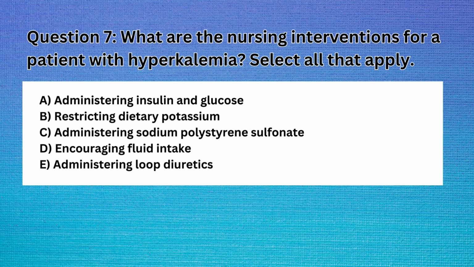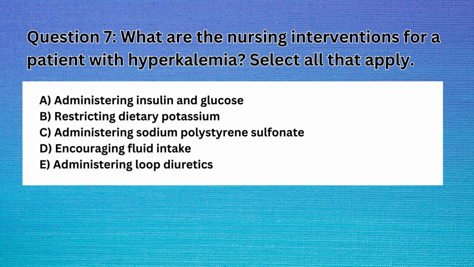Question 7. What are the nursing interventions for a patient with hyperkalemia? Select all that apply. A. Administering insulin and glucose. B. Restricting dietary potassium. C. Administering sodium polystyrene sulfonate. D. Encouraging fluid intake.